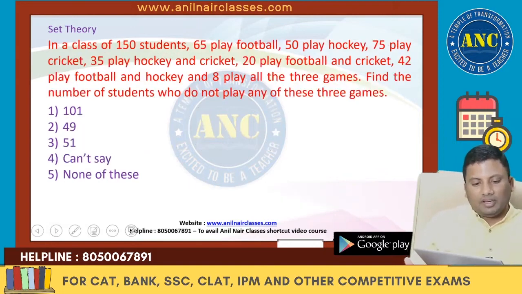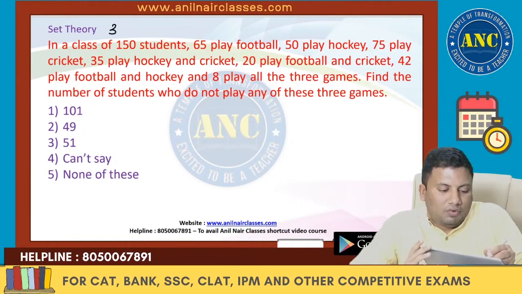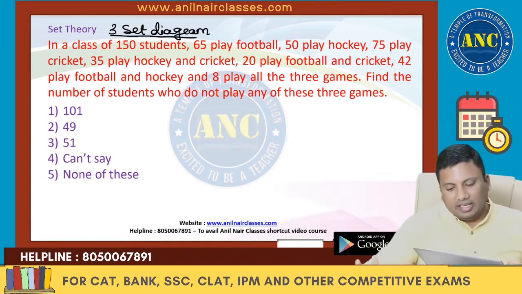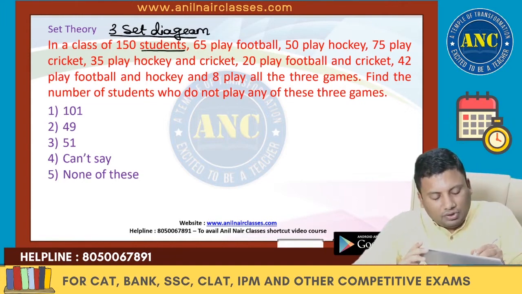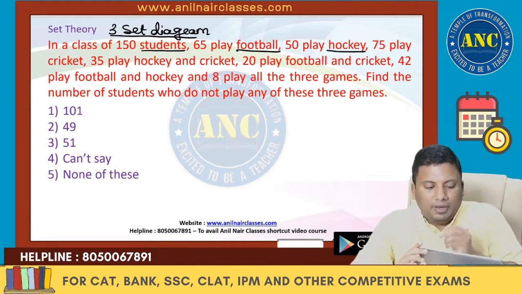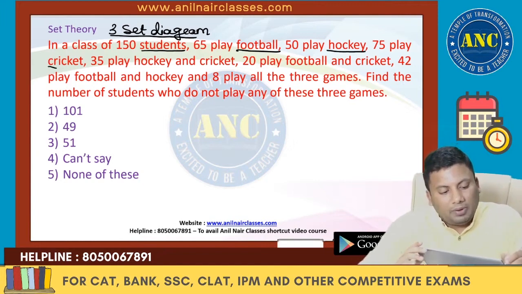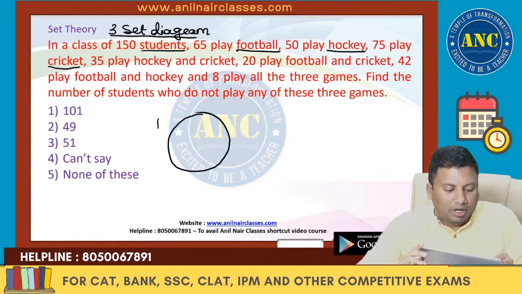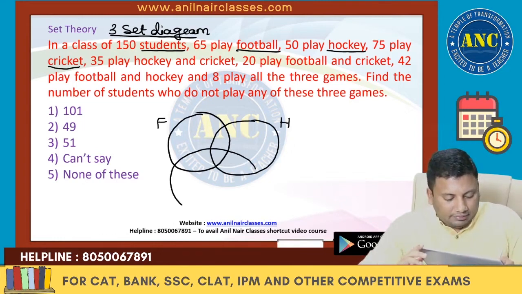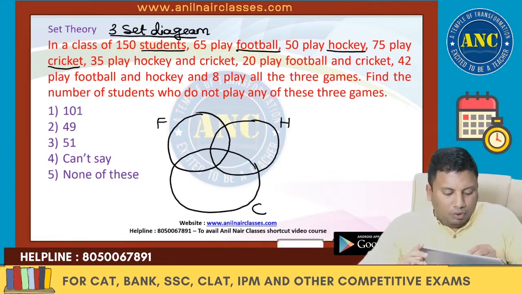We will do three-set diagrams. Till now we did two-set diagrams. This question is based on a three-set diagram. There are a number of students. There are people who play football, people who play hockey, and people who play cricket.